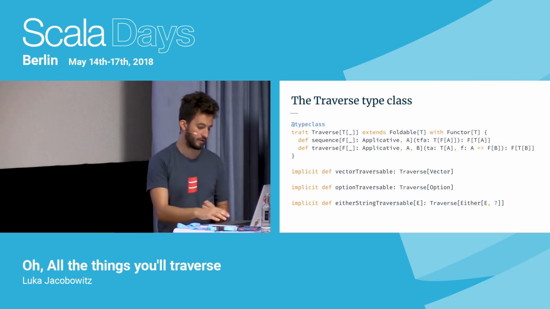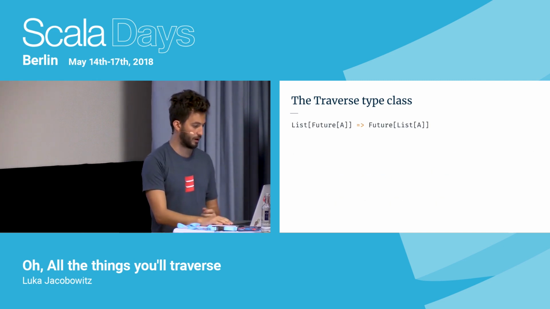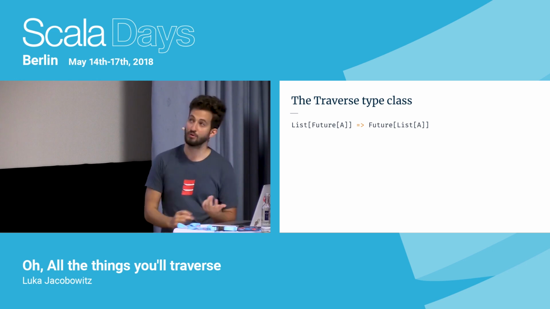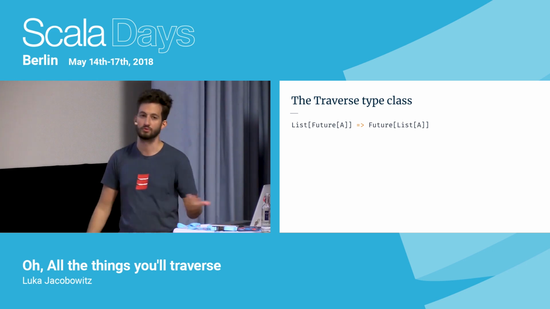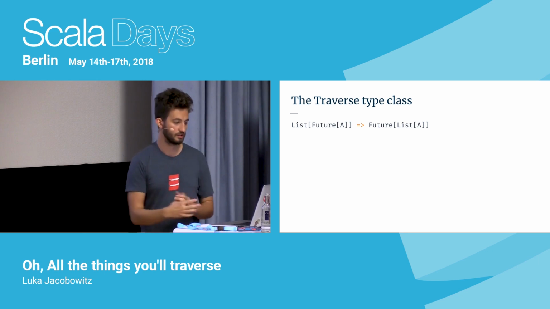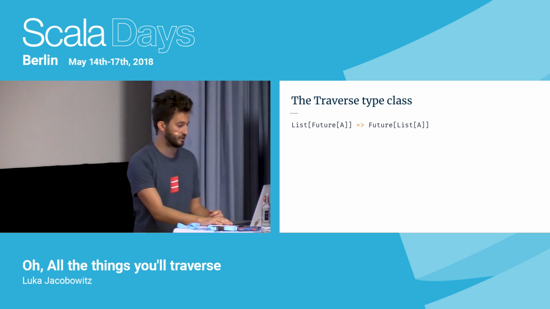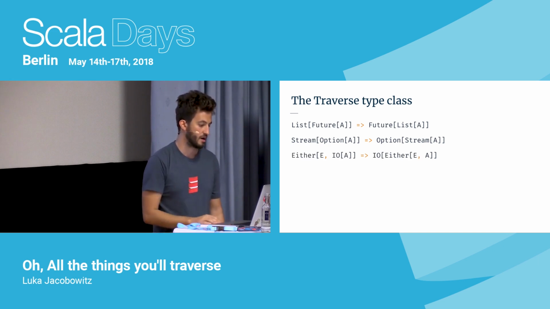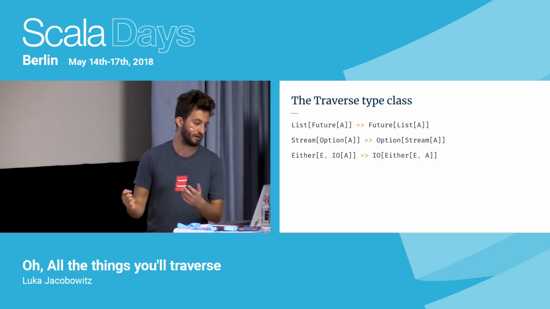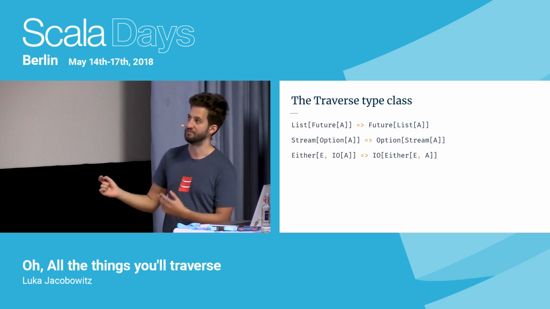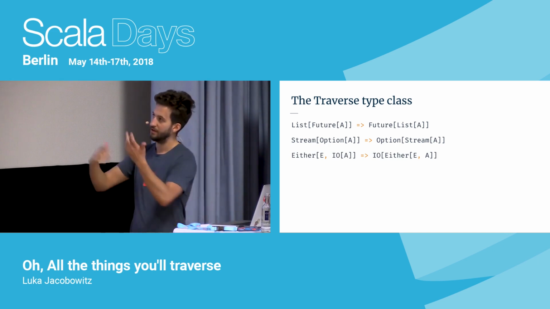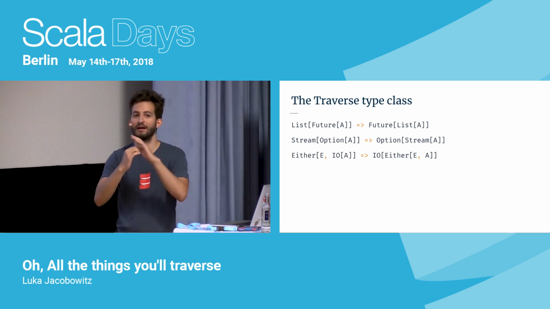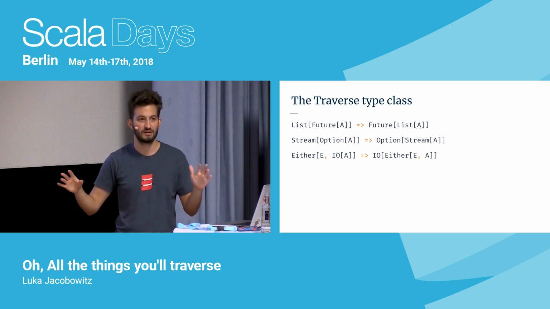Right, okay, cool. So what can we do with this? For example, we can turn a List of Future into a Future List of A. That is the Future.sequence use case. But we can also do something like Stream of Option of A to Option of Stream of A. We can turn an Either E of IO A into an IO of Either E and A. And we can do this for dozens of different combinations, right?